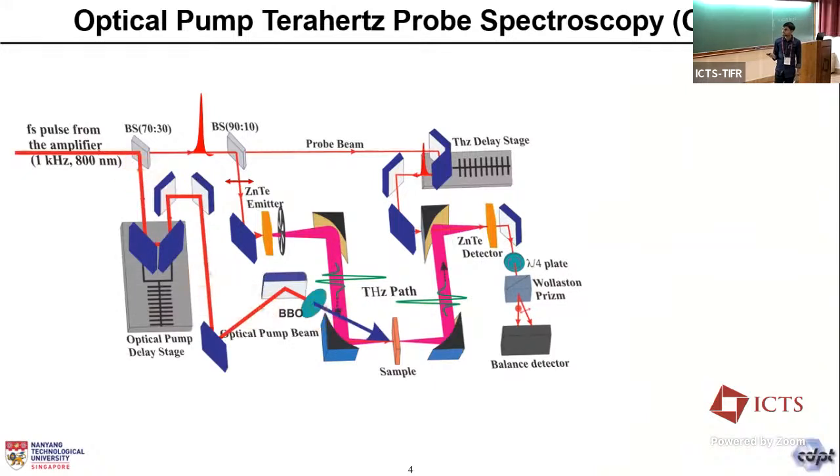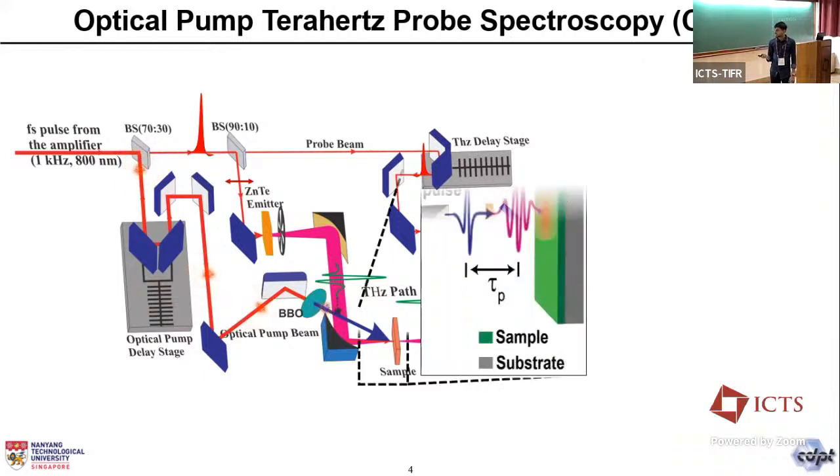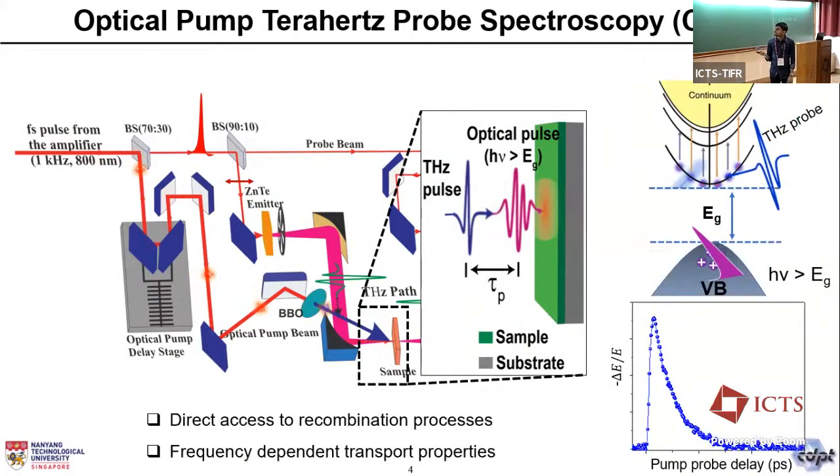We pump the sample at the exact same time when we are incident with terahertz on the sample, with 800 nanometer or 400 nanometer depending on the sample properties, and we can get the charge dynamics, the excitation and relaxation dynamics. If we get the relaxation and excitation dynamics like this, we get direct access to the various recombination processes that we have in these materials.